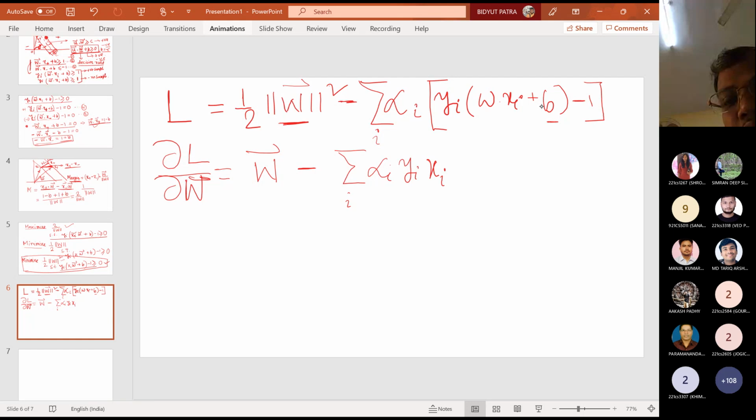These are all vectors, please note xi. And then for alpha i yi b, there is no w and nothing else here. So this should be equal to 0. Therefore from here we get the vector w as the summation of alpha i yi xi.